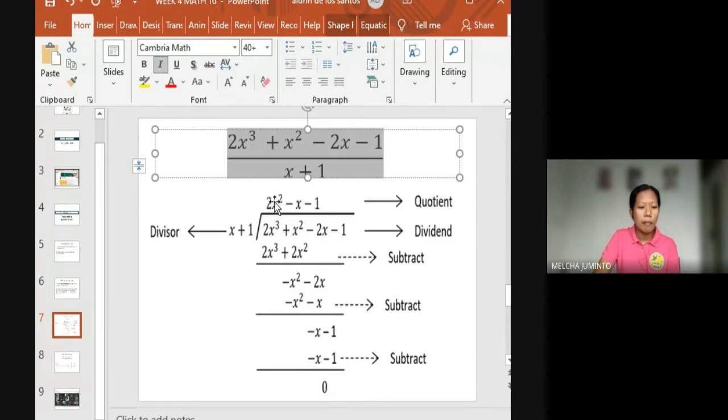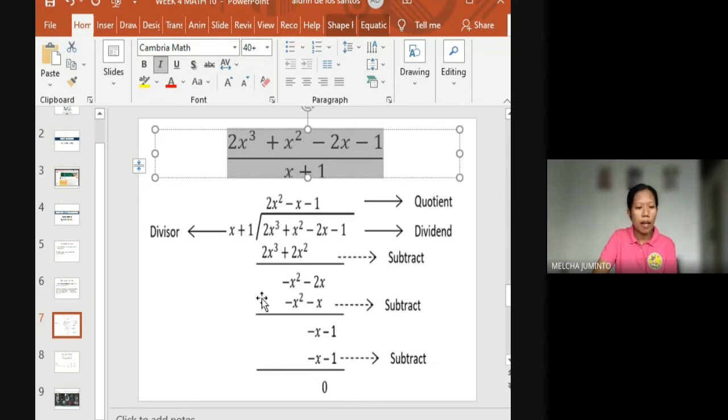And then multiply, just how we divide numbers. Multiply 2x squared and x. The product is 2x cubed. And then, of course, we also multiply 2x squared with 1, not only in the first term, but also in the second term. So 2x squared times 1 is 2x squared. The answer will be written here as the second term.